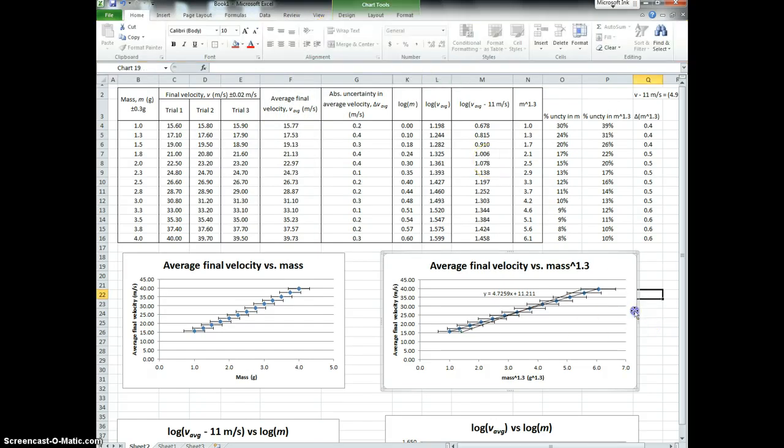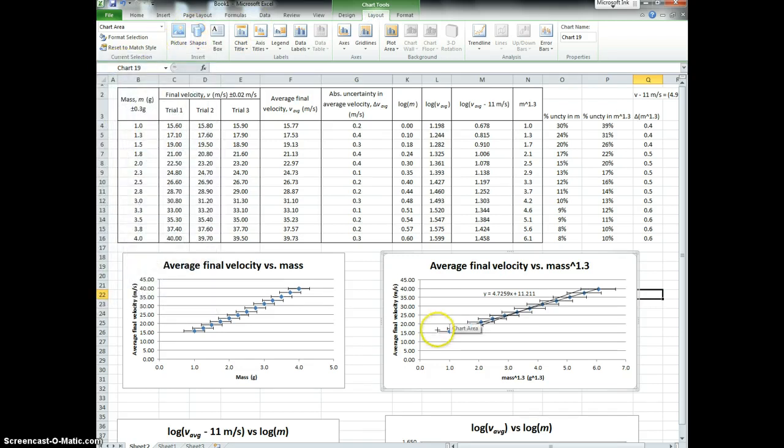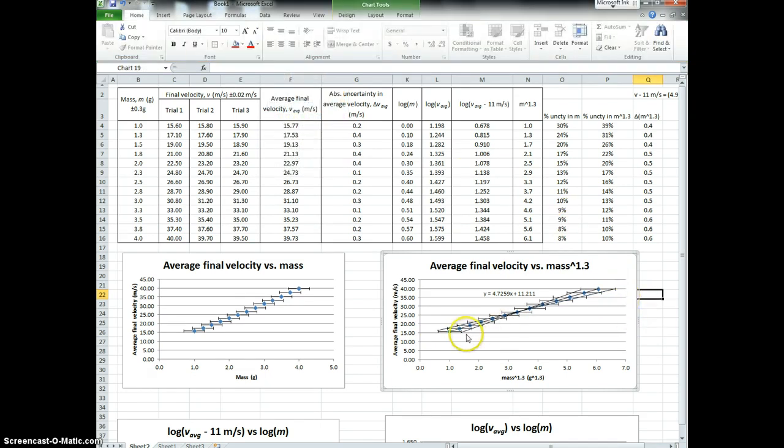And then I'm going to click on my graph again so that my chart tools pop up. Layout, picture, add a shape. And I'm going to add this to this. I'm going to make it black. And there we are. Now I have the max slope drawn in, the min slope, right?